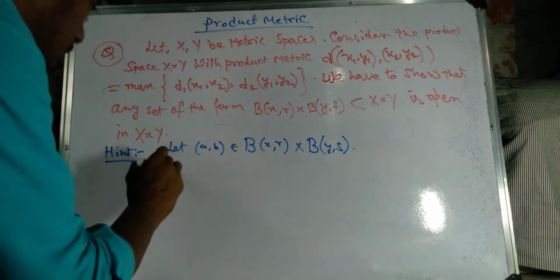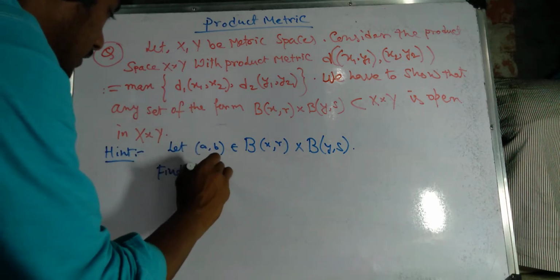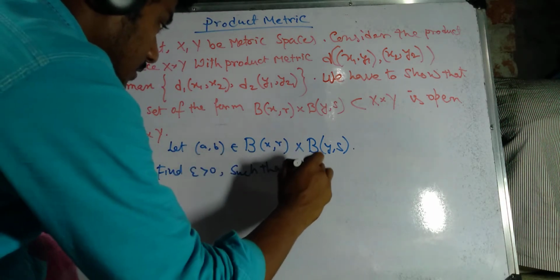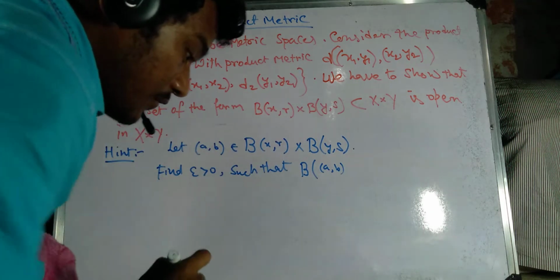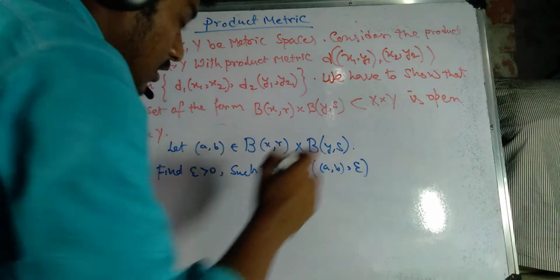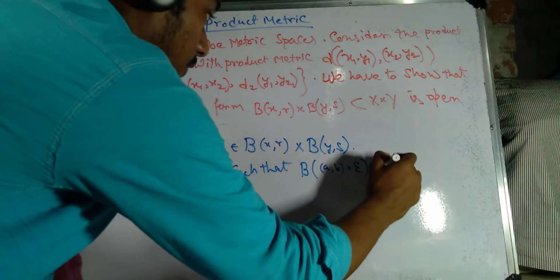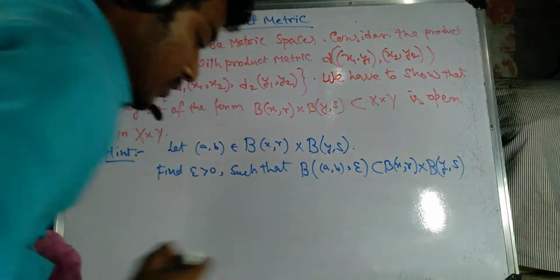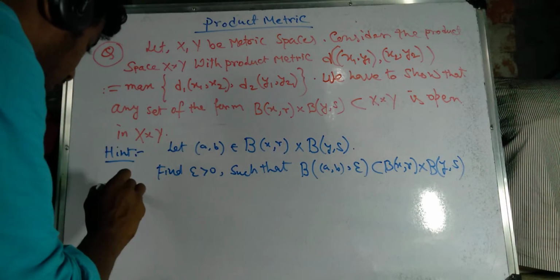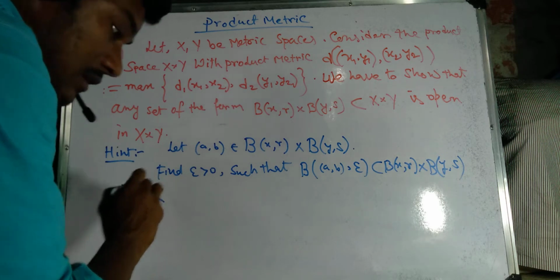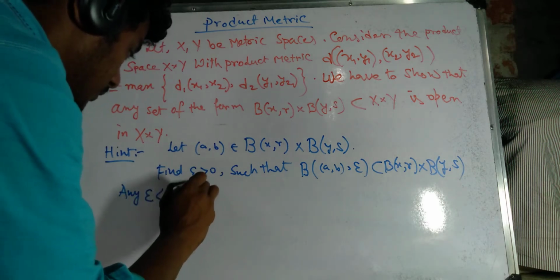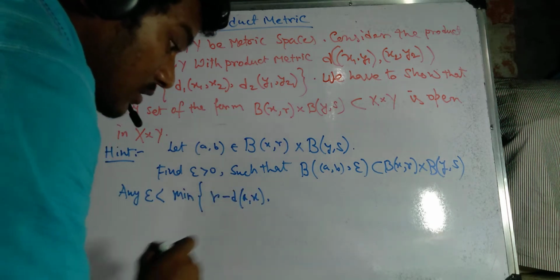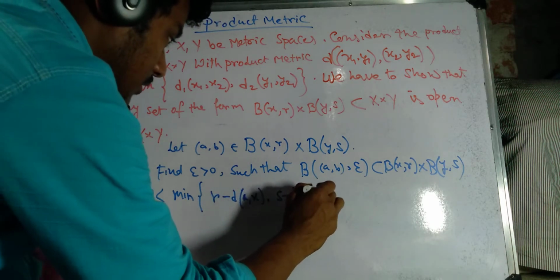Then we have to find epsilon greater than 0 such that B((a, b), epsilon) is a subset of B(x, r) Cartesian product B(y, s), and any epsilon less than the minimum of r minus d(a, x) and s minus d(b, y).